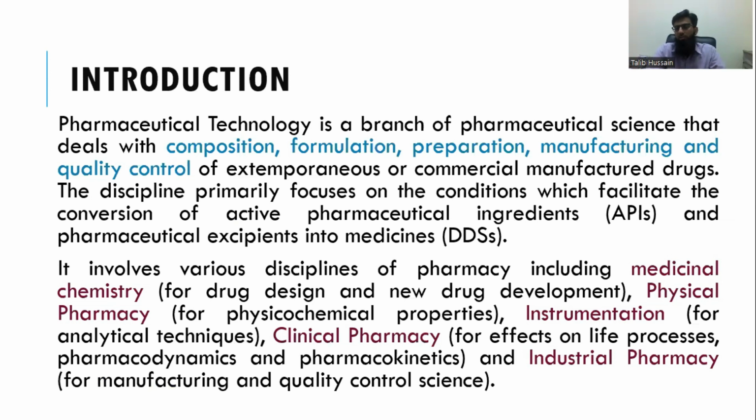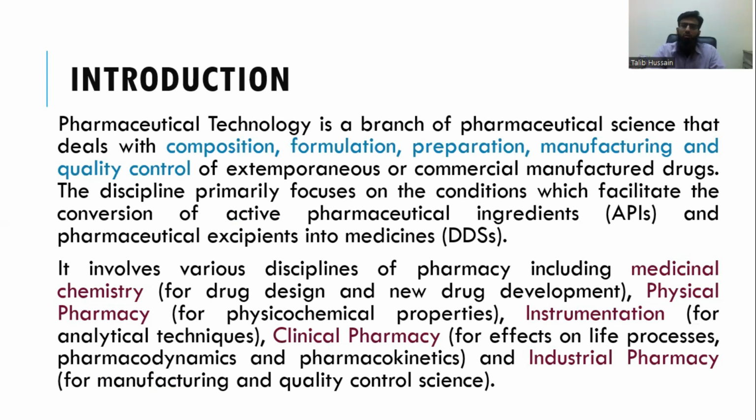So pharmaceutical technology is a branch of pharmaceutical science which deals with both small scale and large scale manufacturing and control of a formulation having a fixed composition. So in this we will deal with some active ingredients which will be known as APIs and some pharmaceutical excipients which are known as polymers and the specific dosage form ingredients, specific delivery system ingredients.